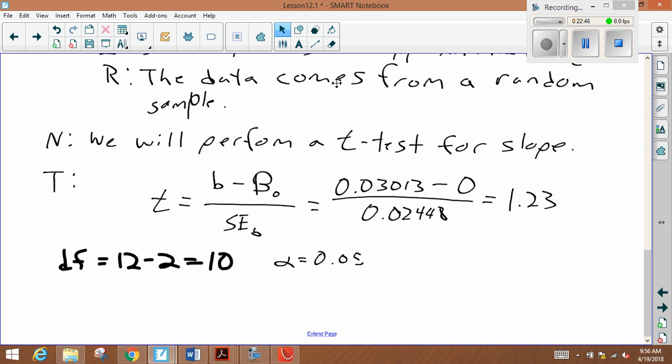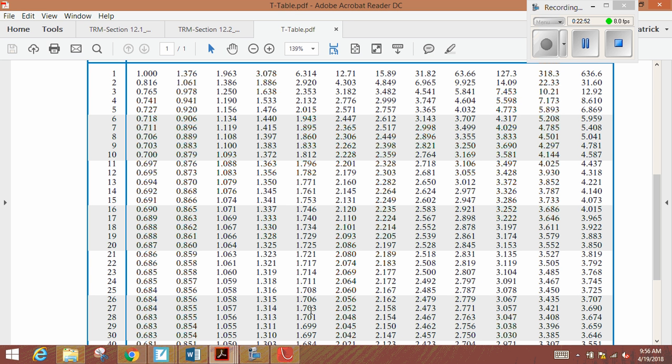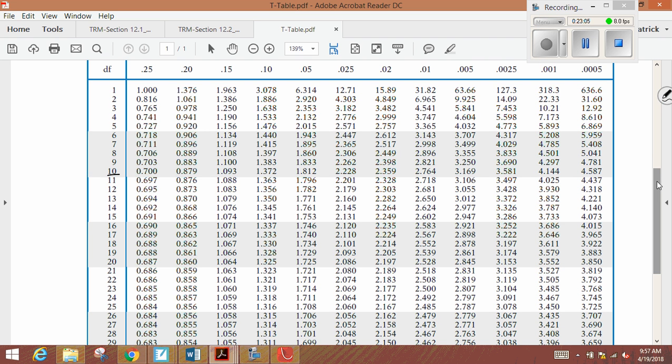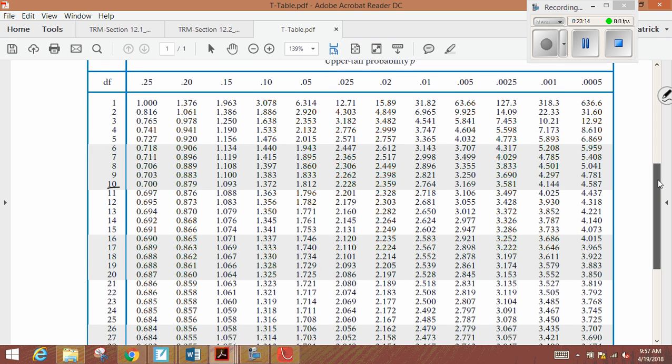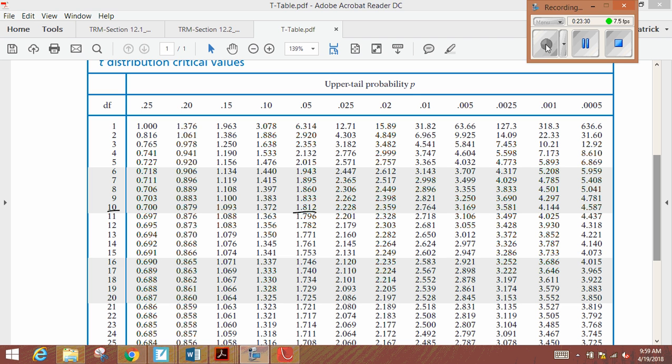And now let's go ahead. Okay, so 10 degrees of freedom, 0.05.